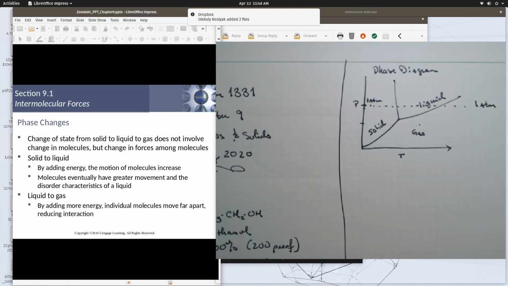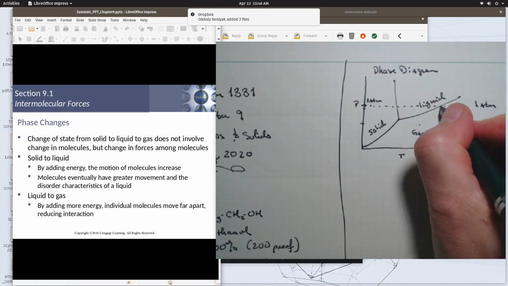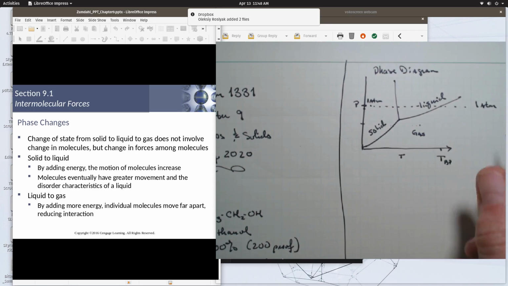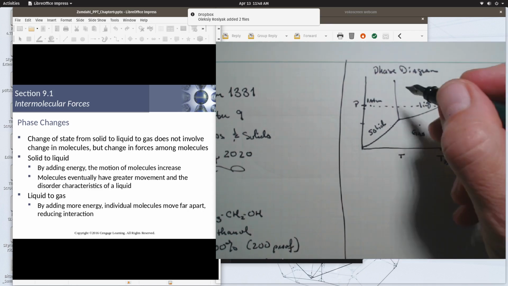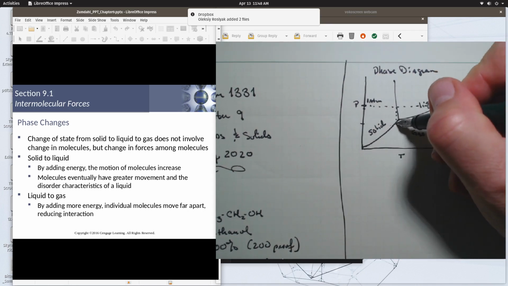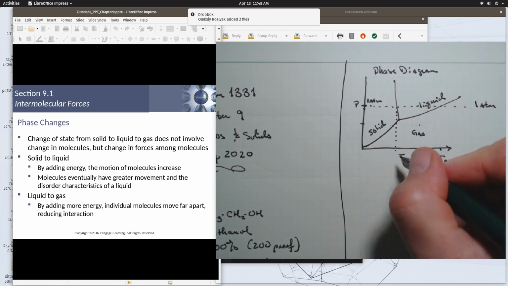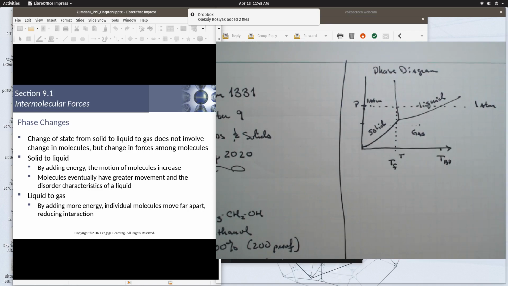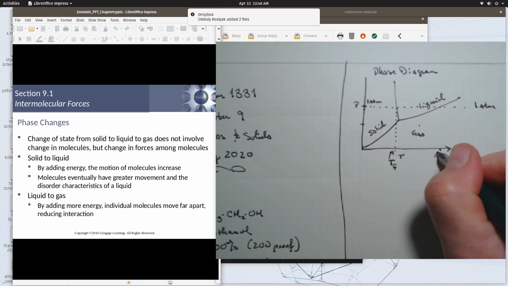Okay, if this was our material at 1 atmosphere of pressure, at this temperature would be the boiling point. At this temperature, drop that down right there, that would be the freezing point. That's the freezing point right there, and that's the boiling point.